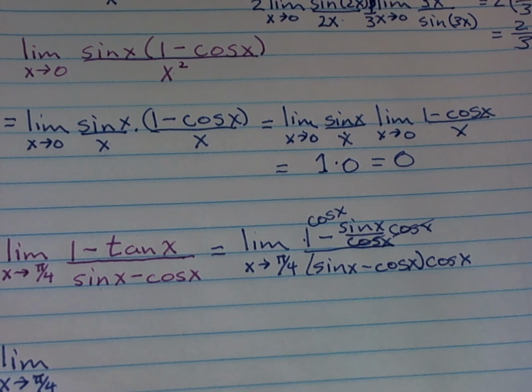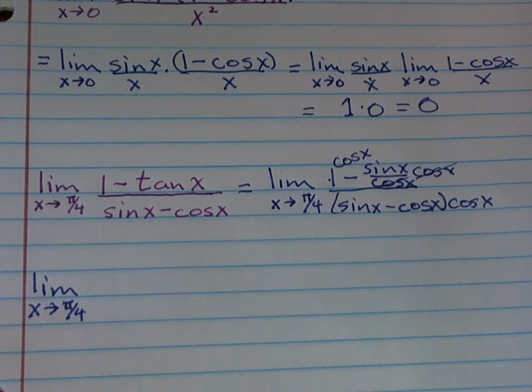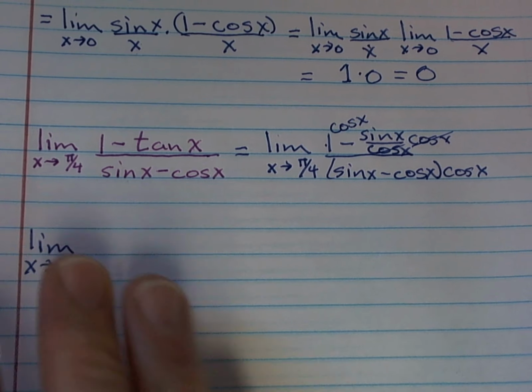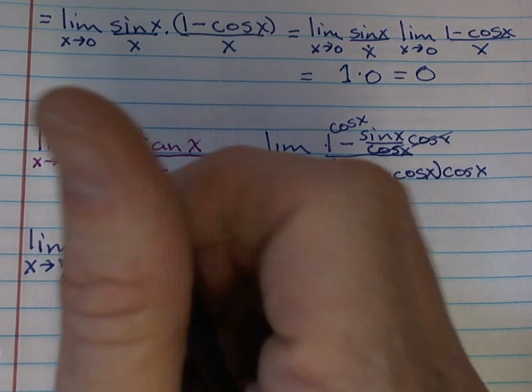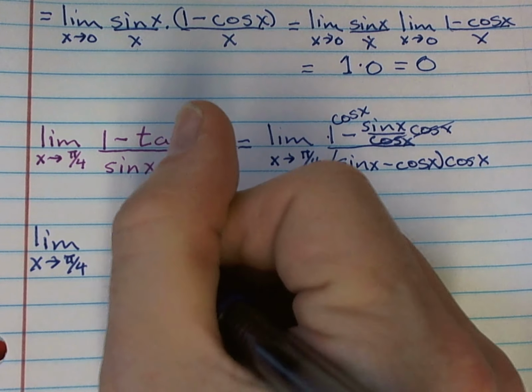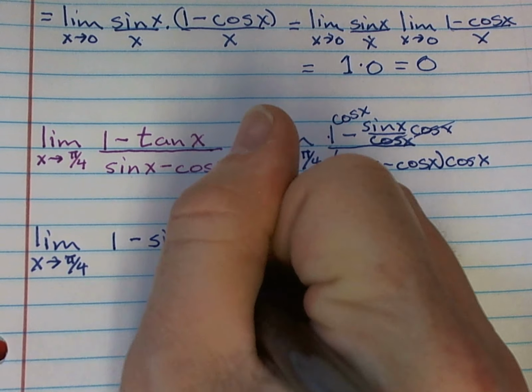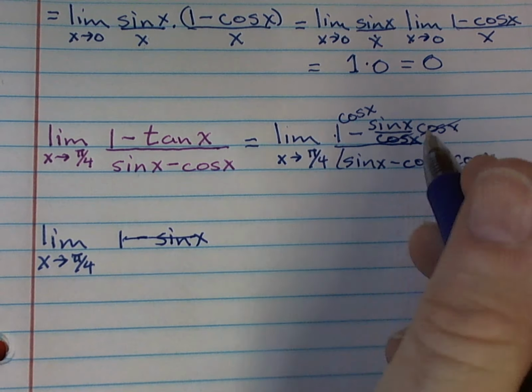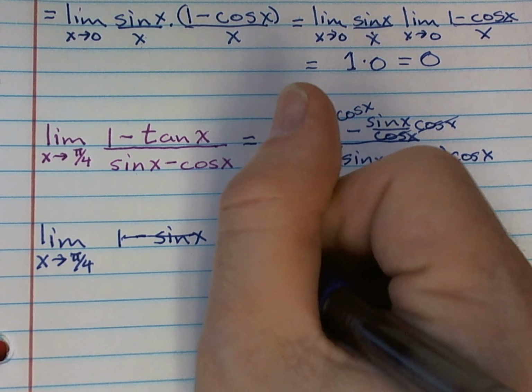Whoops. I need to adjust my camera a little bit. Okay. There it is, pi over 4. And now, up top, I've got cosine minus sine, I'm sorry. Cosine minus sine. Sorry about that.